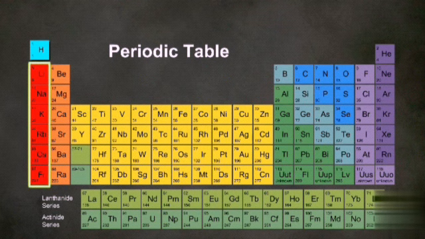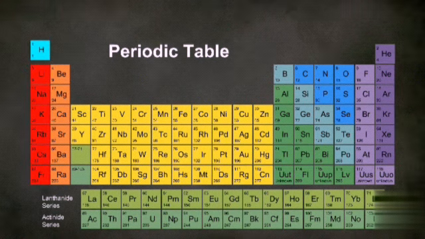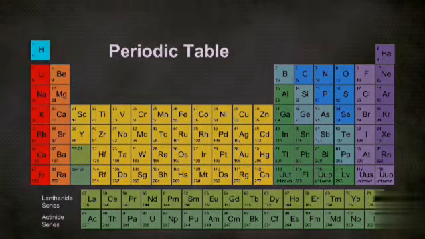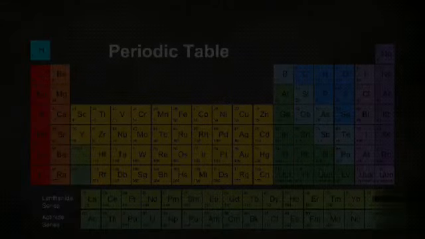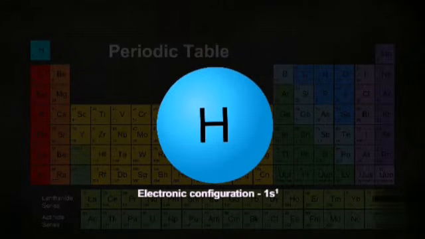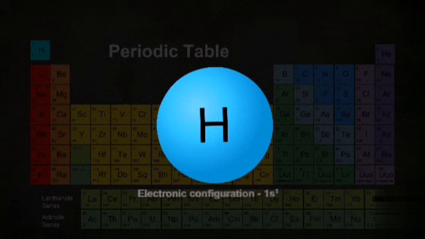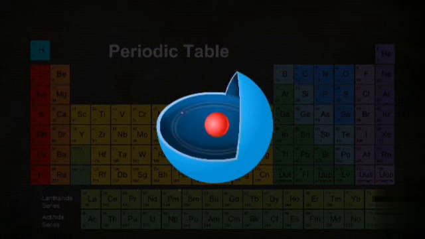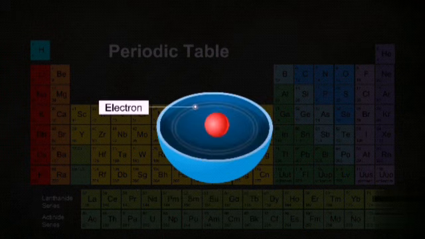As already mentioned, its configuration is 1s1. So it has one electron less than the stable gas configuration. So it can gain one electron to form hydride ion.